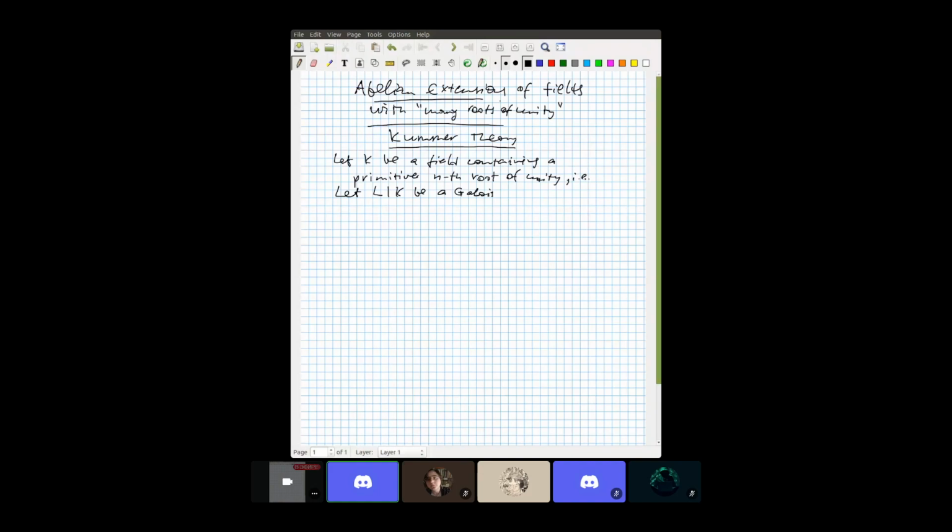This means that it is a solution of the equation x to the n equals 1, but it is not a solution of the equation x to the m equals 1 for any m strictly smaller than n.